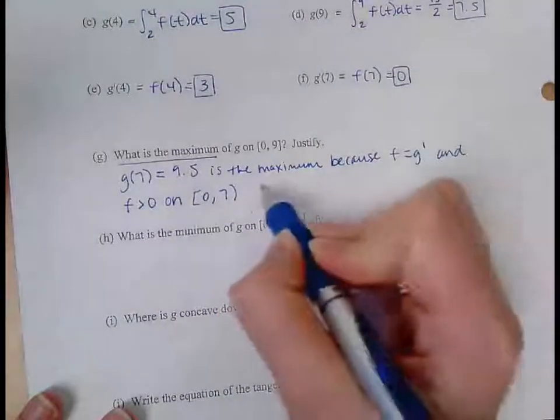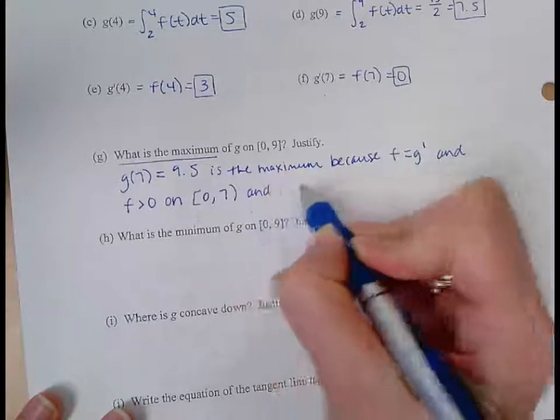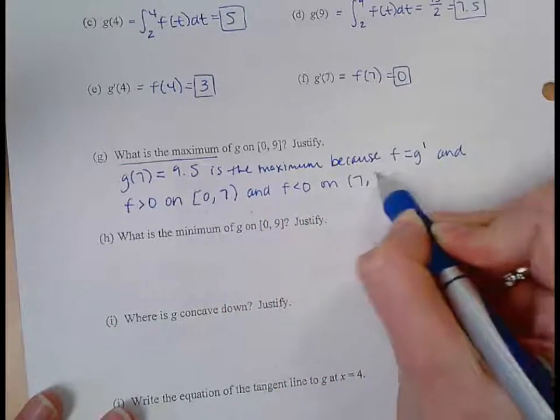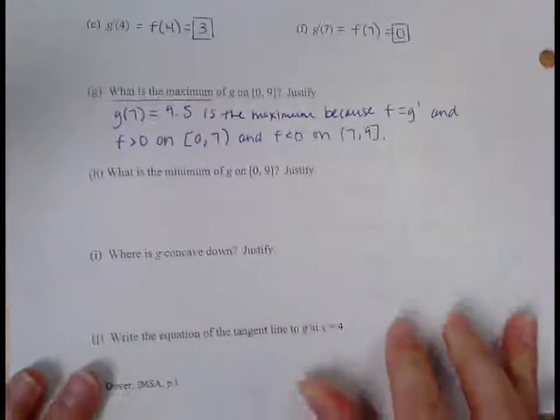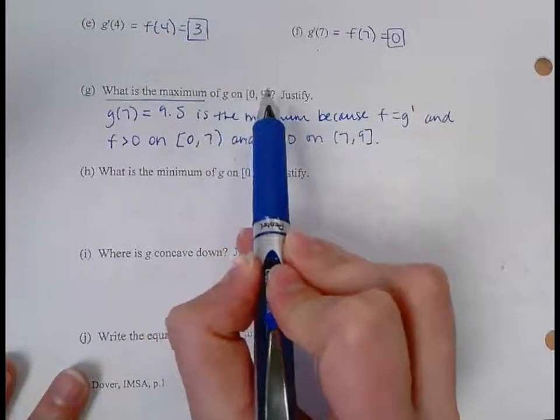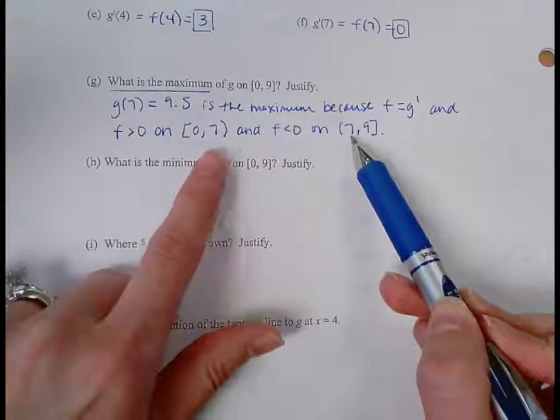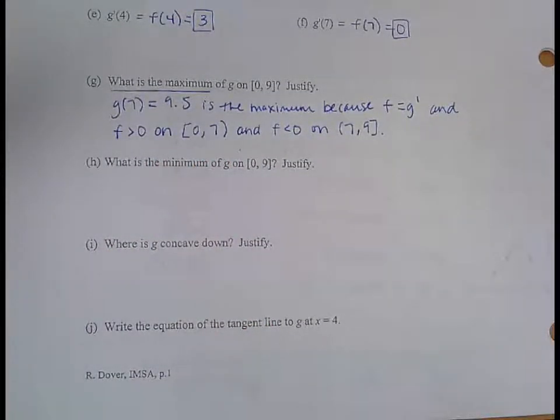And f is less than 0 on the interval from 7 to 9. Because they have a closed interval here, that's why I'm including the brackets on the 0 and the 9. The 7, though, is where at 7 we know it's 0.